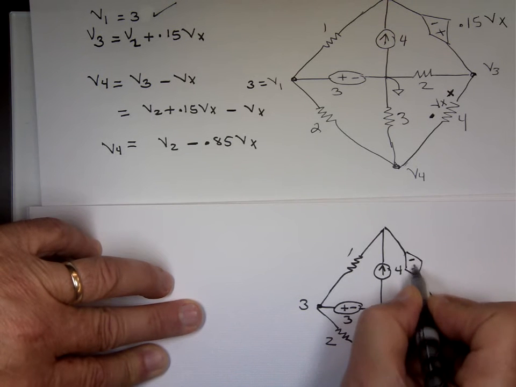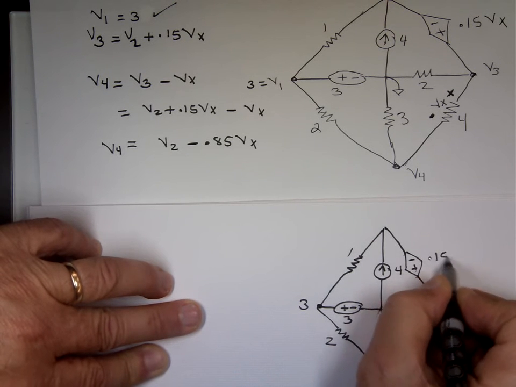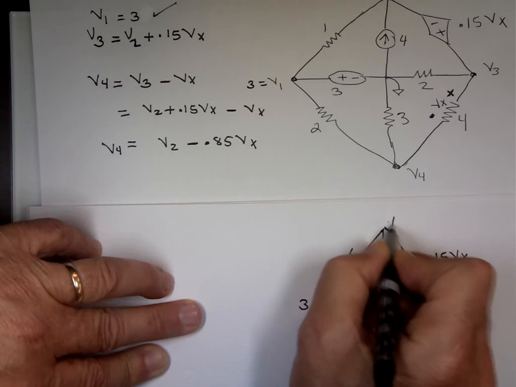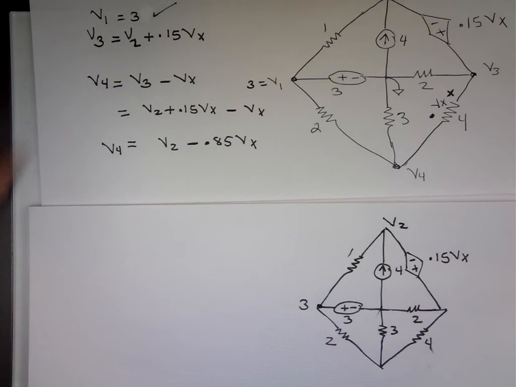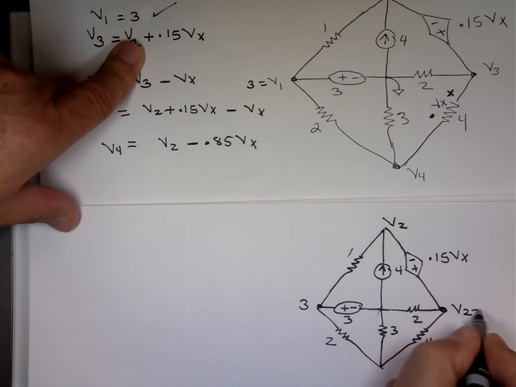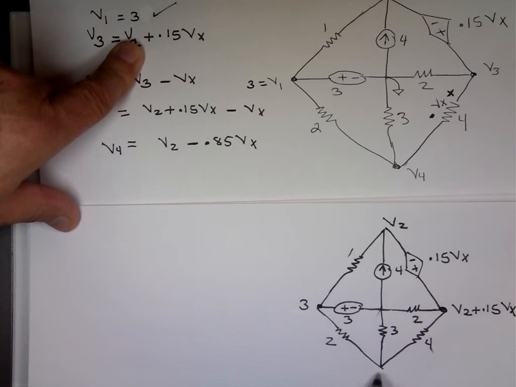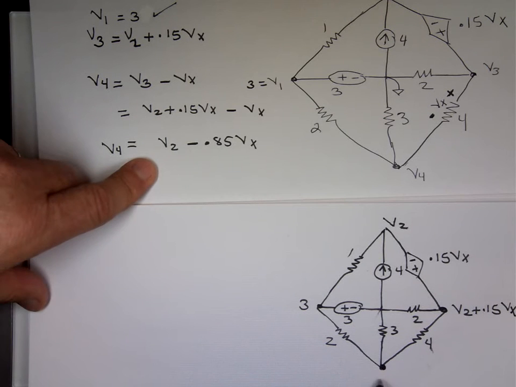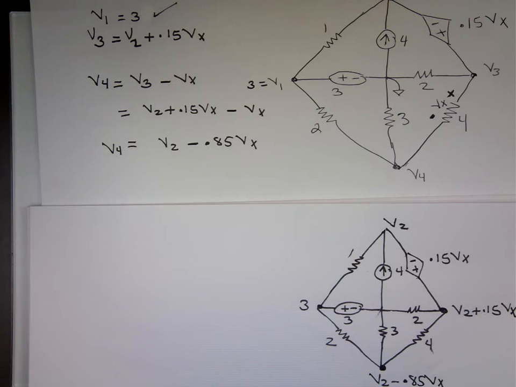Minus to plus 0.15 Vx, and we said this is V2, and V3 is going to be what? This voltage here is V2 plus 0.15 Vx, and this voltage here is going to be V2 minus 0.85 Vx. You can see there's only two unknowns right there.